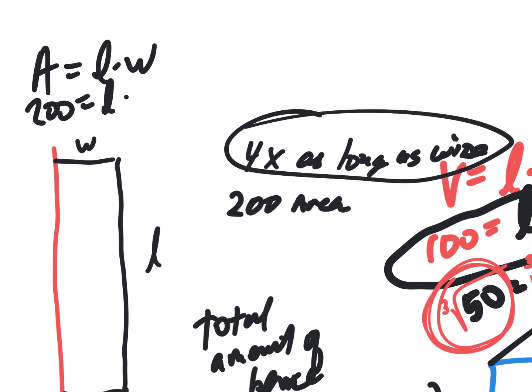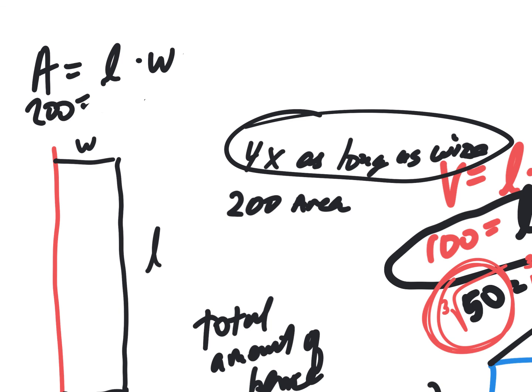So L, and does that mean that the width would be 4 lengths? No, these do get confusing. So I'm going to say, if this is the length and this is the width, I'm going to write a second equation and make sure it's right.